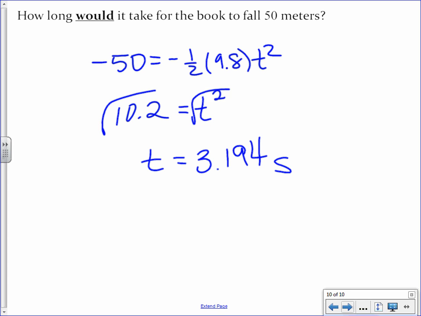Now, this one was nice because we only had t squared. We didn't have the t, we didn't have an initial velocity, we didn't have an initial height. In your homework problem, it is possible that you will be asked something like this where you did have initial height and initial velocity.